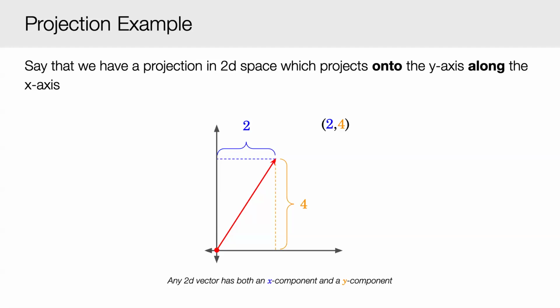So say that we have a projection that acts on a 2D vector space, which projects onto the y-axis along the x-axis, right? So what does that mean? Well, say we have this vector in 2D space here, and its coordinates are (2, 4). That means in the x direction, it has a length of 2, and in the y direction it has a length of 4, right?